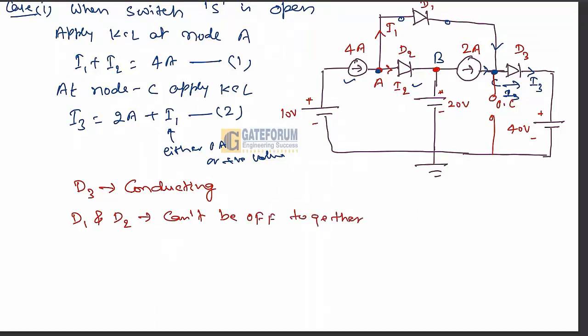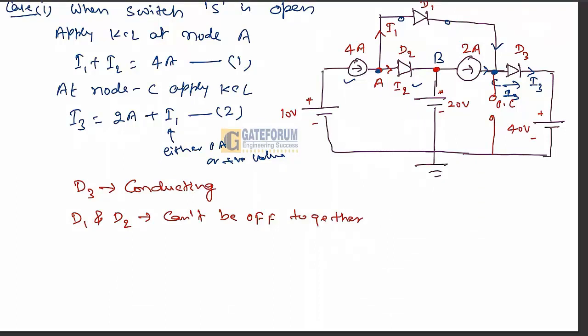So it is giving the idea that D1 and D2 cannot be off at the same time. It means either D1 will be on and D2 will be off, or D1 will be off and D2 will be on, and there might be chances that both are on. So here we need to find out the status of D1 and D2 now.